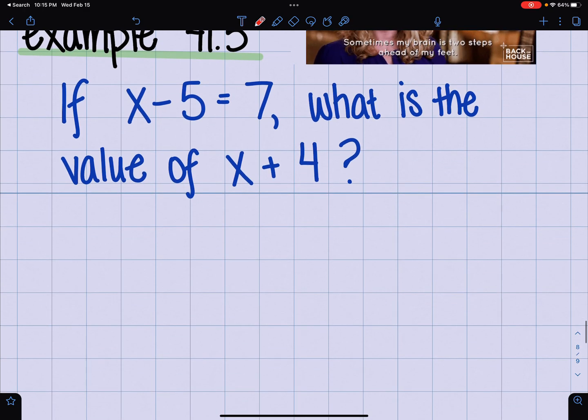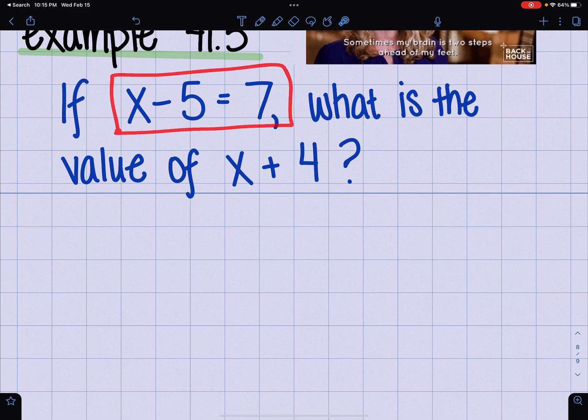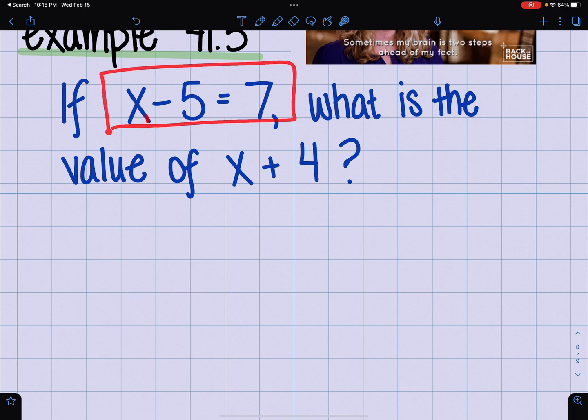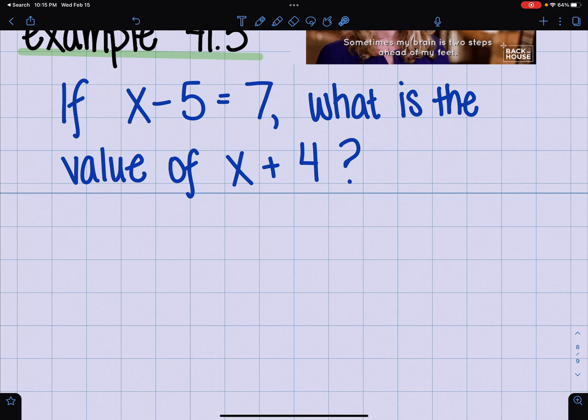Yeah. Okay, so let's do the next one. This one is saying, if x minus 5 equals 7, what is the value of x plus 4? So we're going to solve this in 2 steps. This is step 1, and then we're going to use whatever we get for x for this step 2.